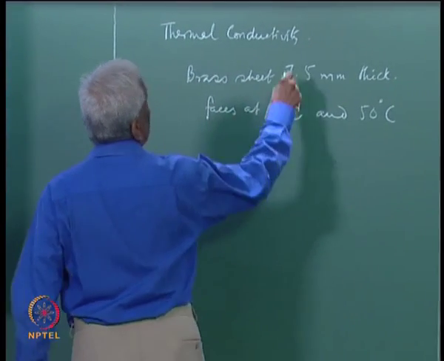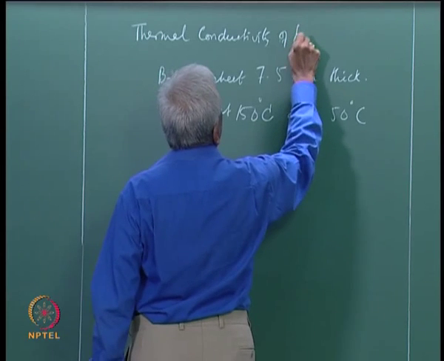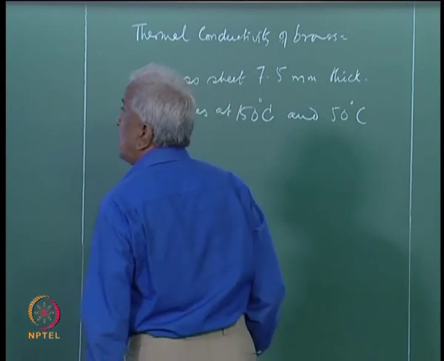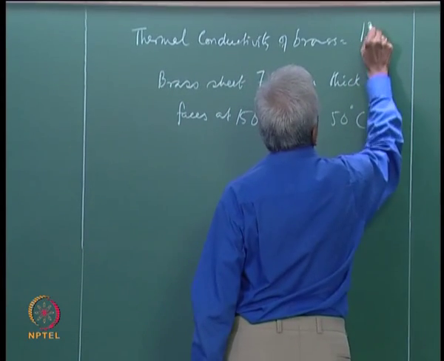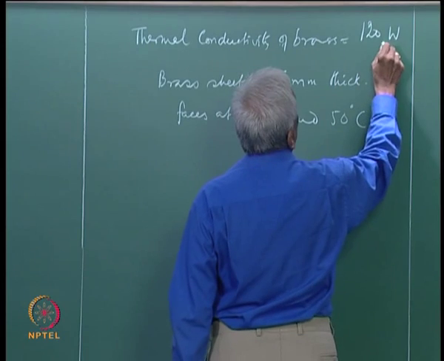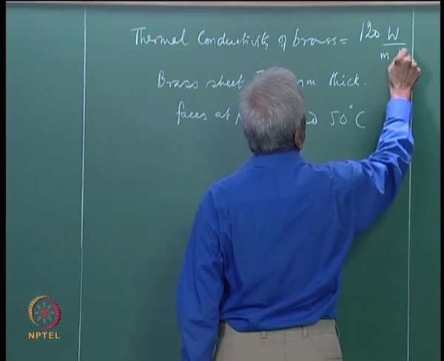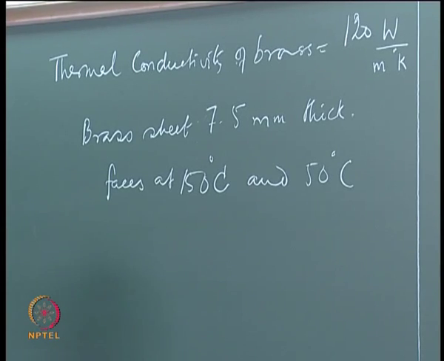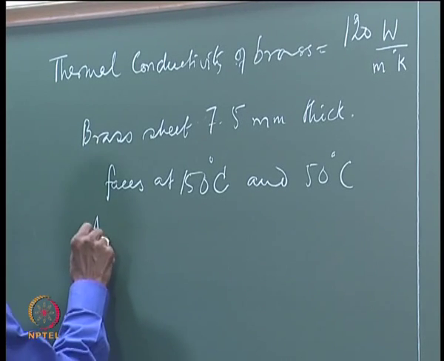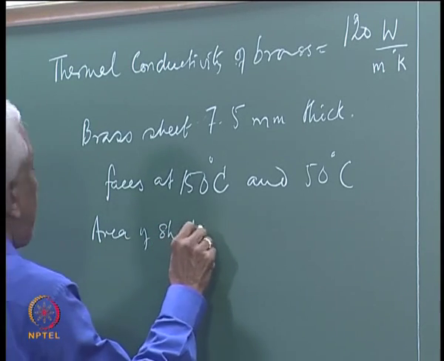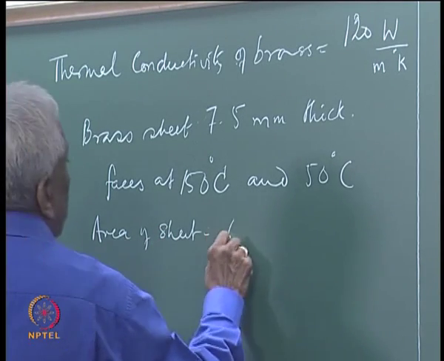The thermal conductivity of brass is given to be 120 watts per meter degree Kelvin. The area of the sheet is 0.5 meter square.